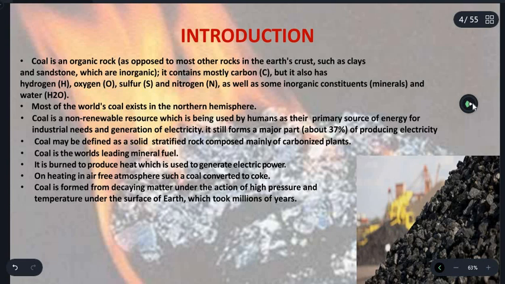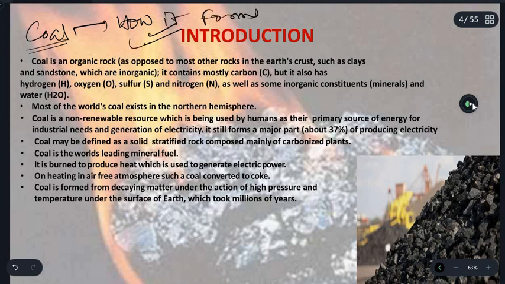Can anyone tell me what you mean by coal and how it's formed? Tell me. Anyone? Diagenesis or lithification of microfossils. Diagenesis or lithification of microbacteria.